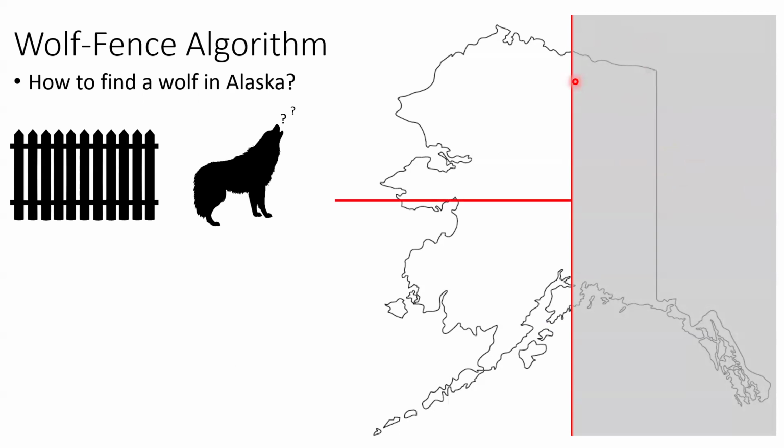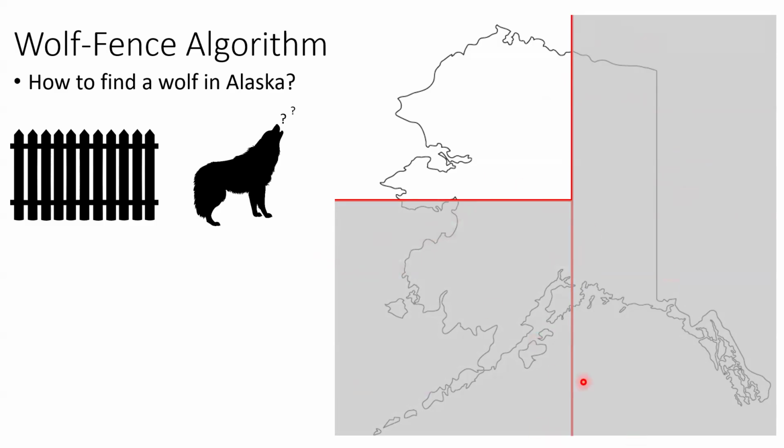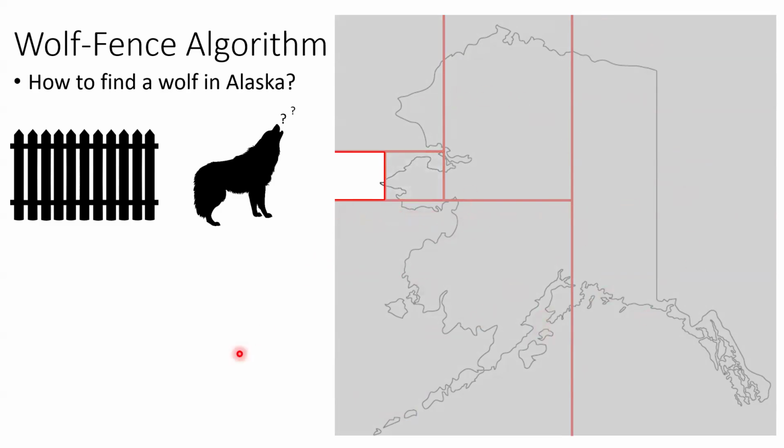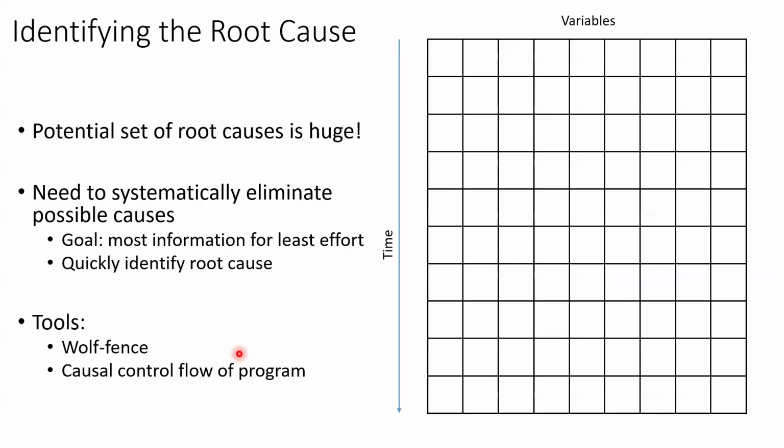We then continuously put up fences, and we start to take away spaces that we're sure will not have the wolf. We continue doing this until we eliminate all of the other spaces and we are left with a small space to explore. And that is usually how we can identify the root cause of some observable failure.